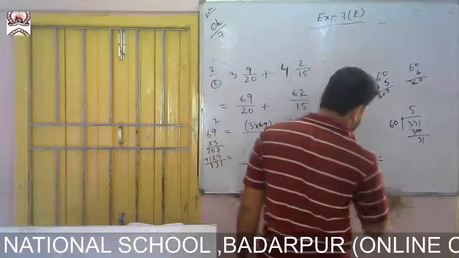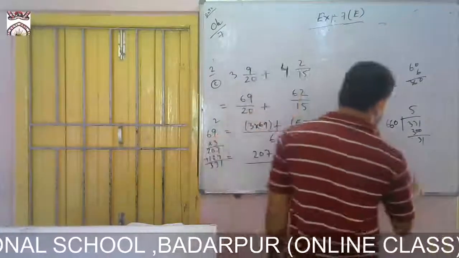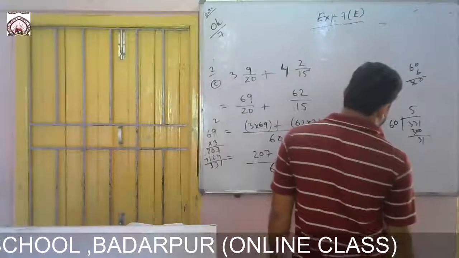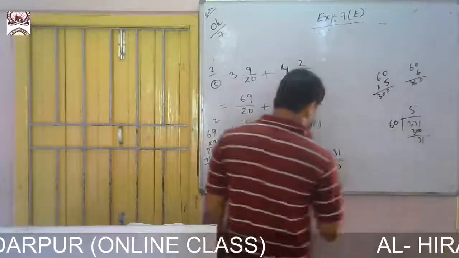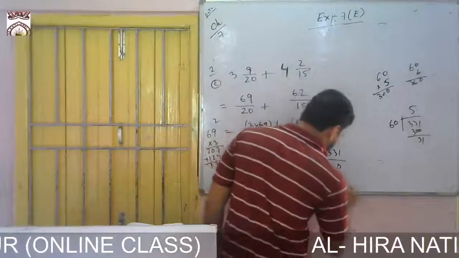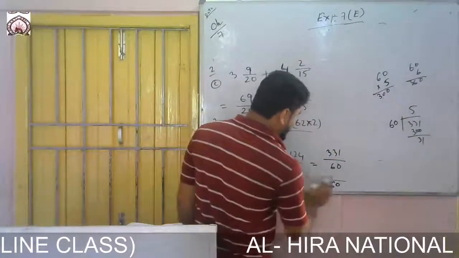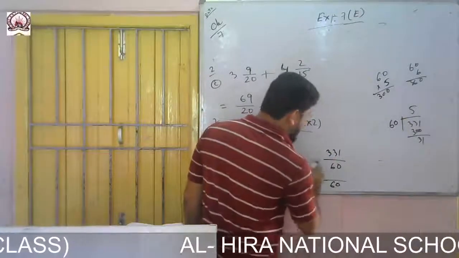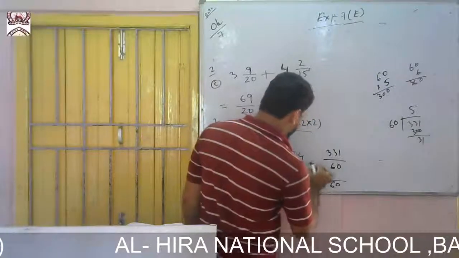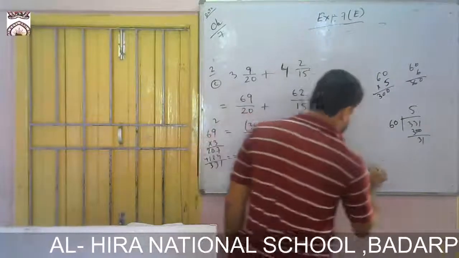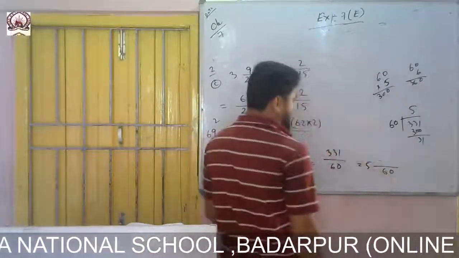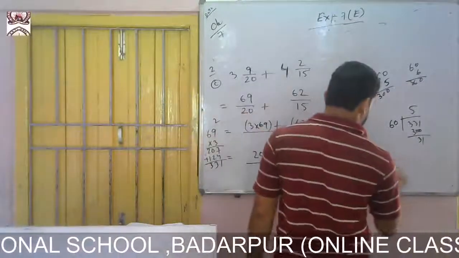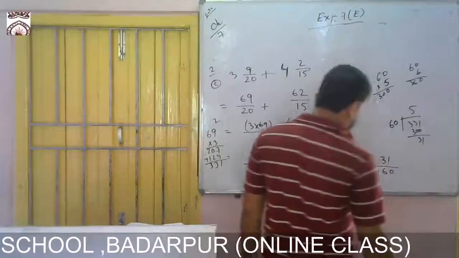So it will be 31. Now we cannot divide further. So it is 5 and 31 by 60. You can write 5 here and 31 by 60 here.